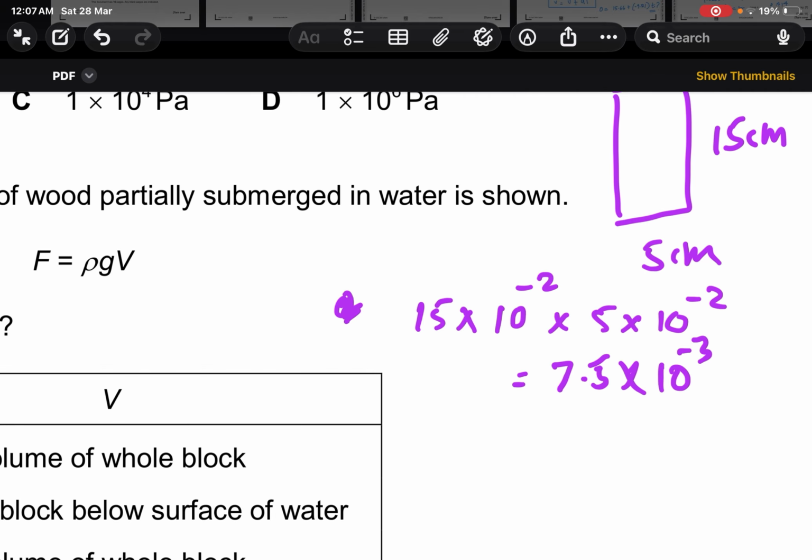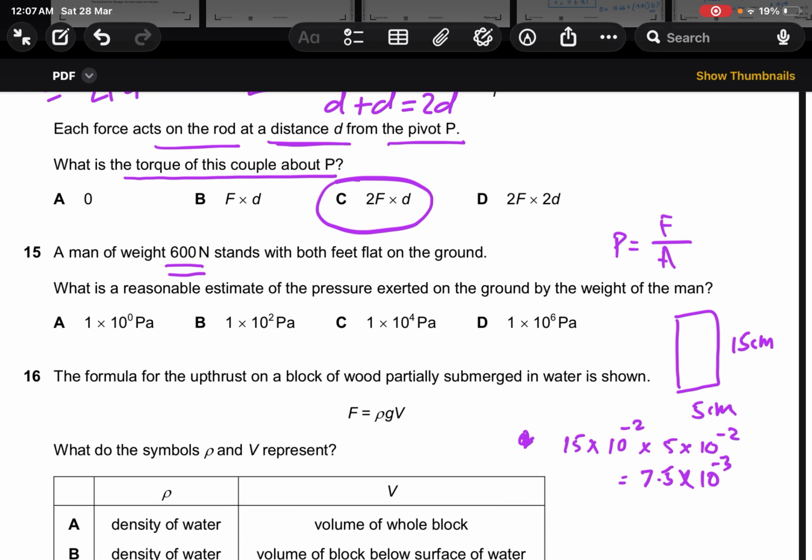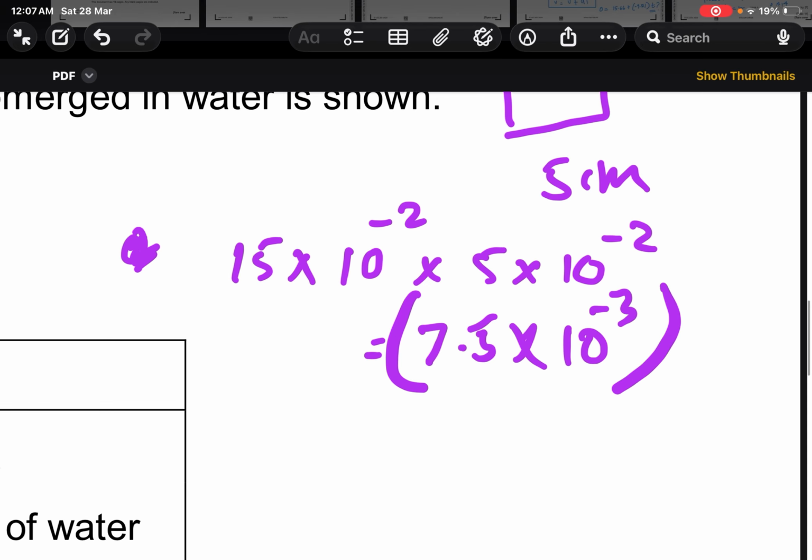So that's for 1 foot, and my man is going to have 2 feet, right? What is the pressure exerted by the weight of the man? So I multiply this area by 2.